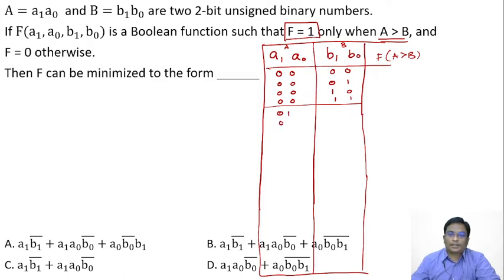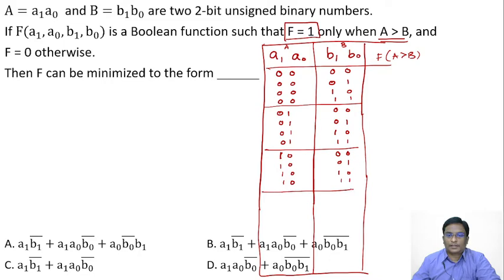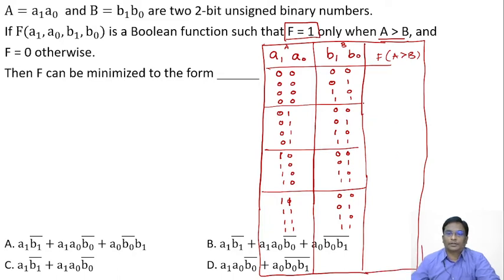For the next stage, I keep this as a constant and vary the other bits: 0, 0, 0, 1, 1, 0, 1, 1. In this way, I got 16 combinations.